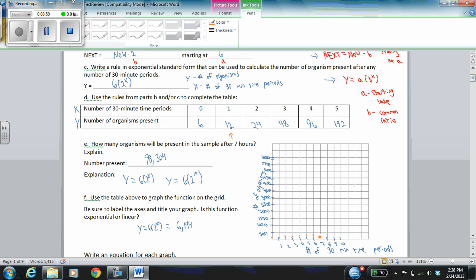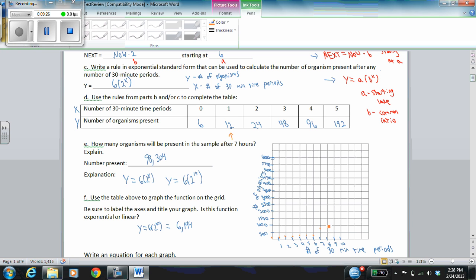So we're getting a little closer to 500. Then after 7, that's going to be 384 times 2, which is 768. So at 7, there's 768. So now we're above 500, right in there somewhere. Now after 8, multiply that by 2, we get 1,536.